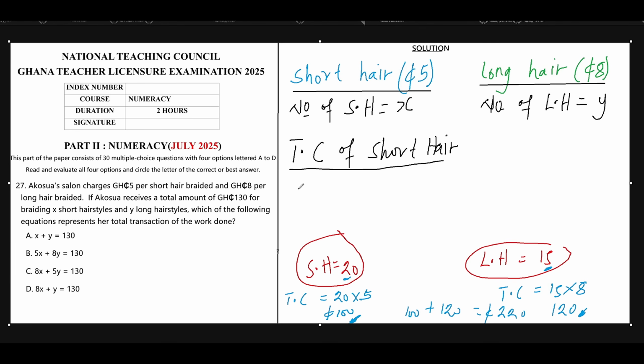So we have x multiplied by 5 cedis, and in algebra, x multiplied by 5 gives 5x. So this expression will enable us to calculate the cost of the x number of short hairs braided by the customer. Next, let's also calculate the total cost of long hairs.